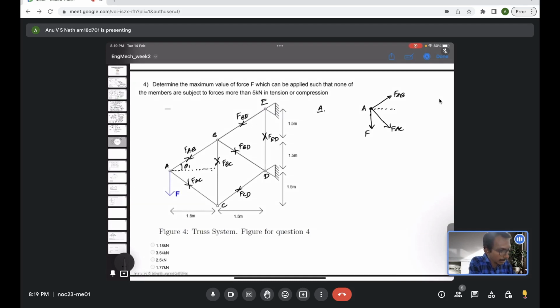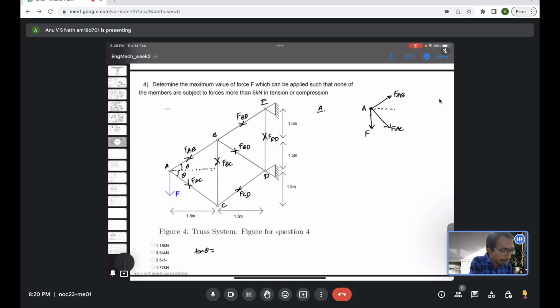This is basically an isosceles triangle, so the same theta 1 will come here. Or let me call that theta itself, theta, theta. So from the triangle you can evaluate sine theta. Okay, let me evaluate tan theta, that will be easier.